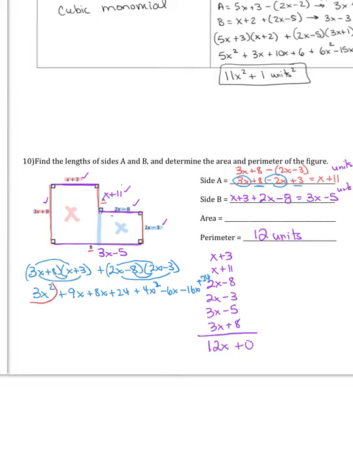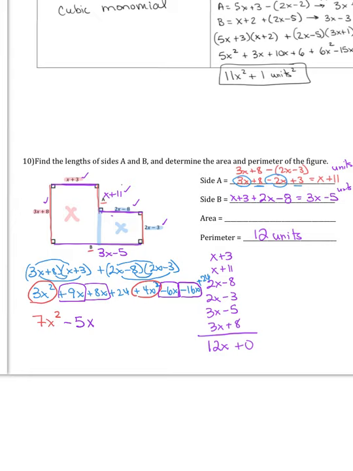We'll have 3x squared and 4x squared is 7x squared. And we'll have 9x plus 8x is 17x. Minus 16x is 1x. Minus 6x is negative 5x.